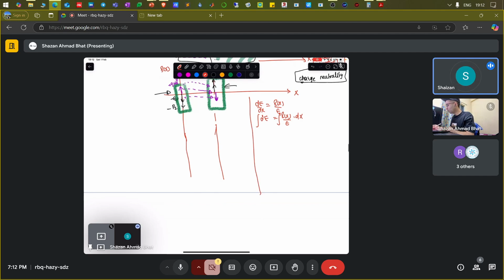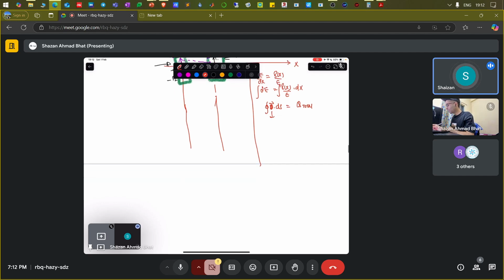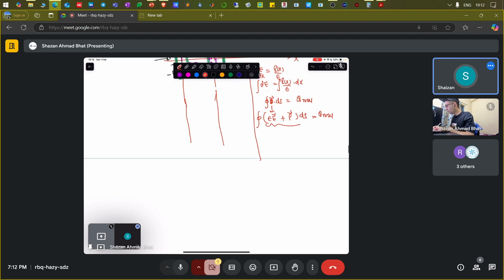Actually, you have to use something called the integral of D dot dS, where D is the electric displacement vector, equals total charge. Maybe you can write it as Q total. You can write D as epsilon times E plus polarization P. Then you have dS, you have the integral, that is the total charge. And when you separate these two components, you write it as the integral of epsilon E dot dS plus the integral of P dot dS equals total charge.